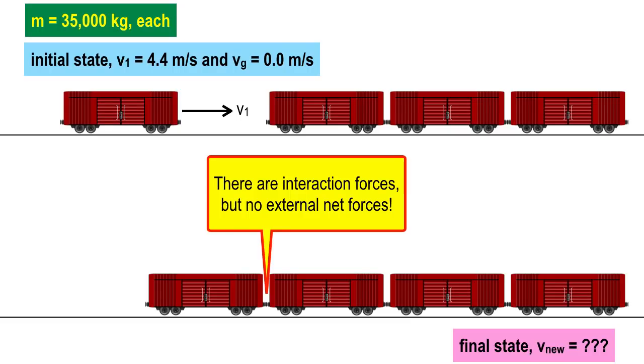And so the group of 3 is going to give boxcar 1 a push back to the left. And guess what? If you're moving to the right, but you get a little bit of impulse to the left, you're going to slow down. And it's going to slow down to the exact speed that these other ones are going to speed up to. That's the way it works. It's kind of cool, actually, if you think about it.